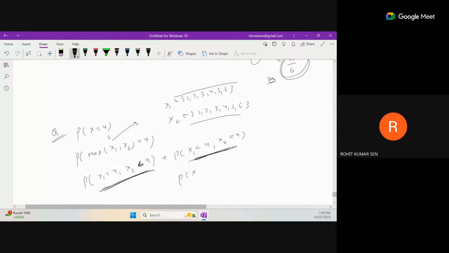Plus, let's say we have another, x1 and x2 both equal to 4. If you again take the max of these values, it is always going to be 4. Here also I have max 4. After that, I don't have any possible ways to have the max value of x1 and x2 be 4, right?